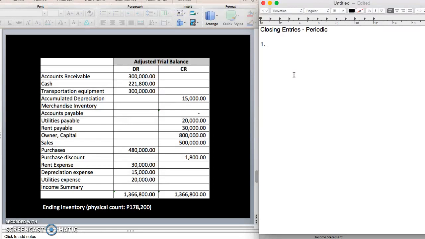And first, we will pay attention to the temporary accounts with normal balances of credit. So we will not pay attention to these ones. We'll start at sales. We want to zero this out, so we debit sales, 500. And then we also need to debit purchase discount, 1.